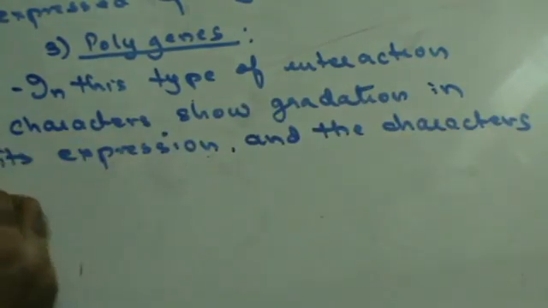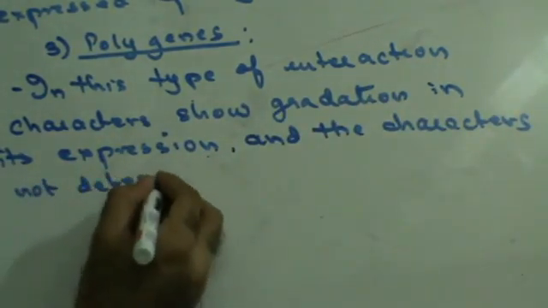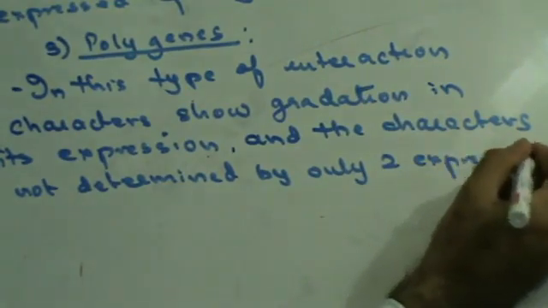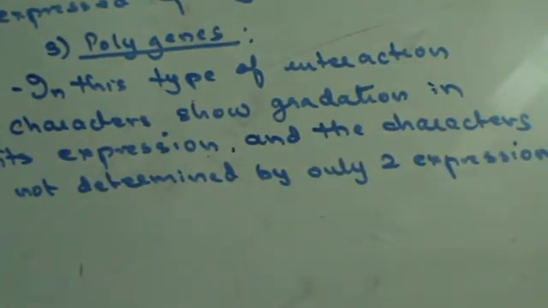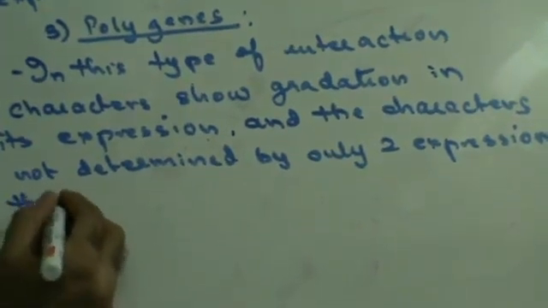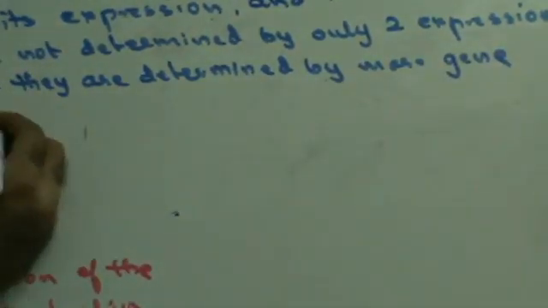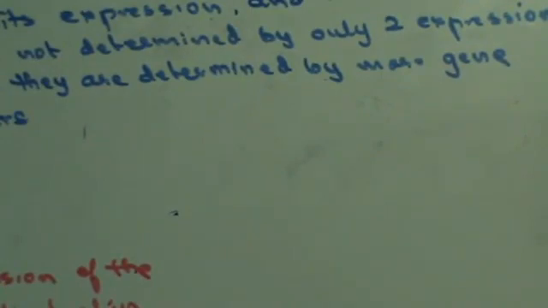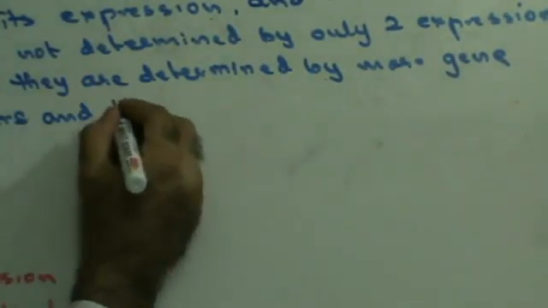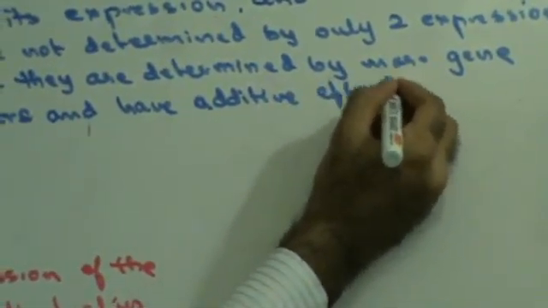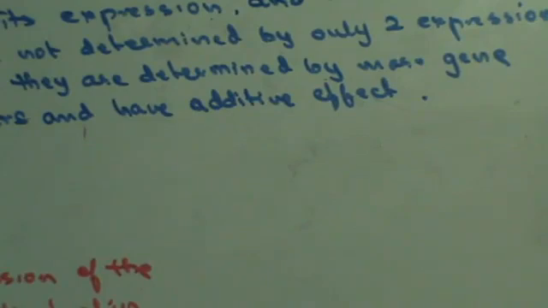It's just not white or black skin, but they are determined by more gene pairs, right, and have cumulative or additive effect. Right? They are called as polygenes.